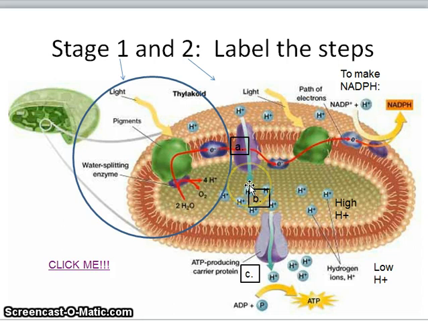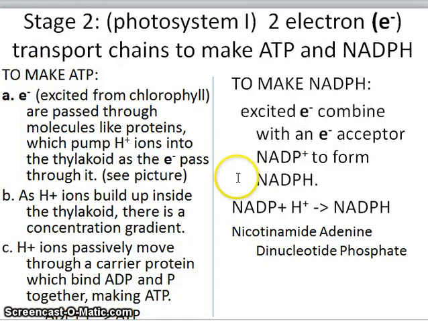They pump it into the thylakoid, inside the thylakoid space. So here come the electrons, and hydrogen ions get pumped in. And notice we're gathering all of these hydrogen ions. So label this A as the electron flows through this protein, and the protein pumps the hydrogen ions into the thylakoid. Now that is letter B.